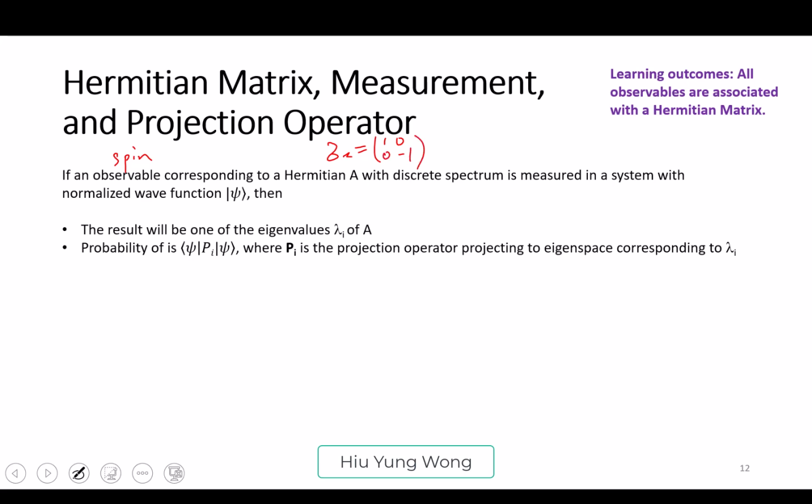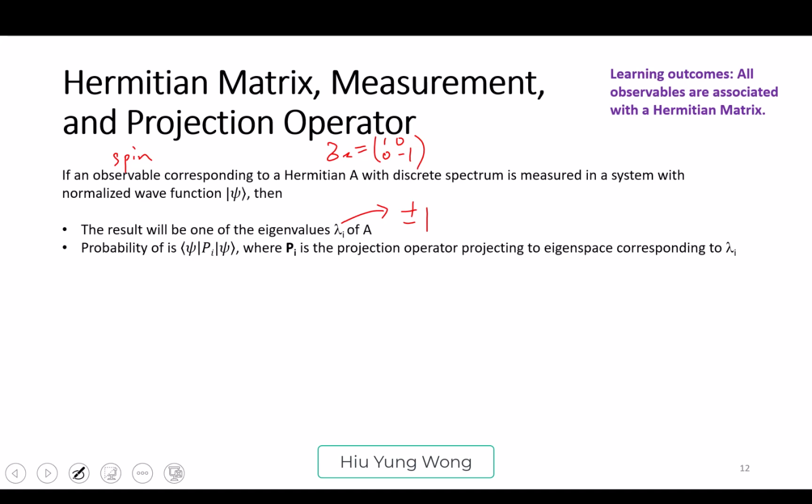When we measure it with some normalized function in the state, the result will be one of the eigenvalues. They basically say that when I measure the spin, the corresponding matrix must be Hermitian, because the eigenvalue we measure must be plus or minus 1, right? You measure the spin, it is either going up or going down.